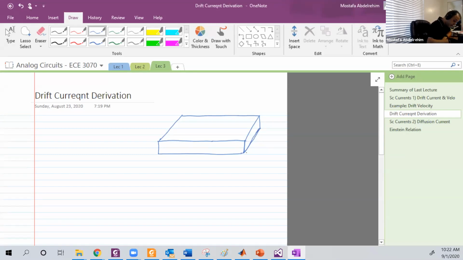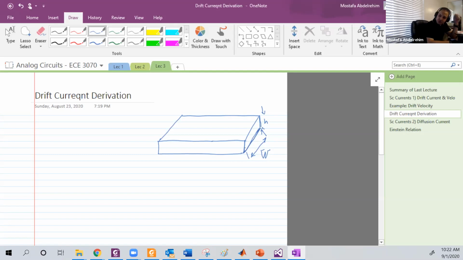It has width of W. It has thickness of H. So this is H, this is W.